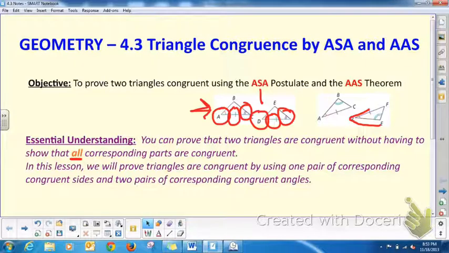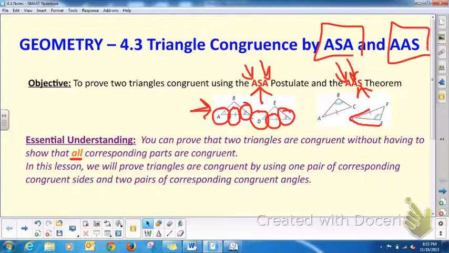So today, we're going to have two angles and one side. Remember yesterday, we talked about how you cannot have one angle and two sides unless the angle is the included angle, because then you would have ASS and you can't have that in geometry. So today we have ASA and AAS.